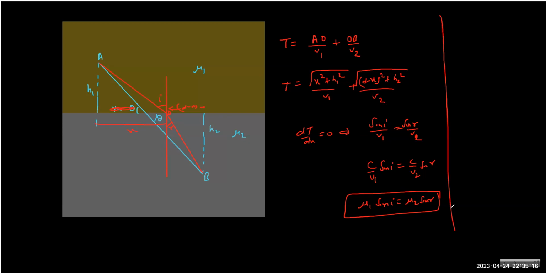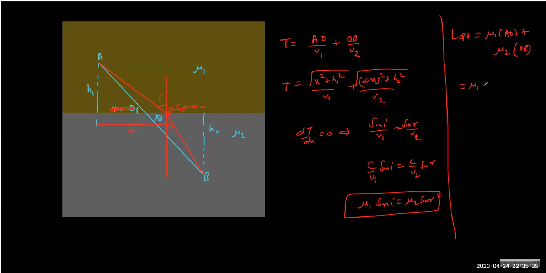If you think in terms of optical length, I can write mu1 times AO plus mu2 times OB. And now I want to minimize this optical length because optical length is mu times geometrical length.